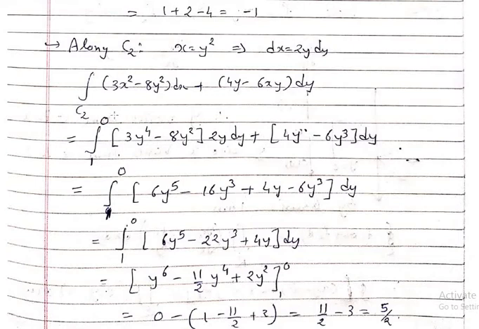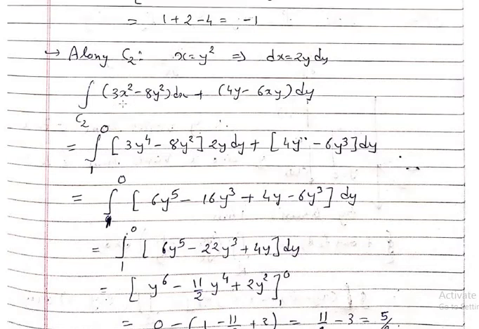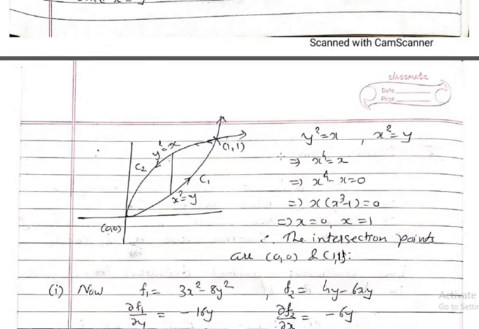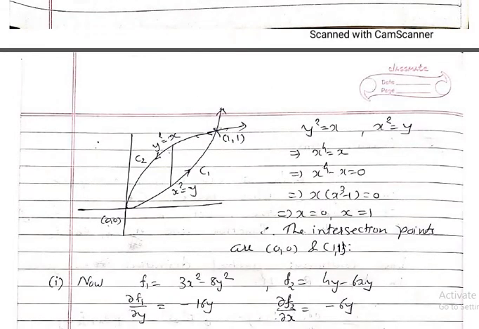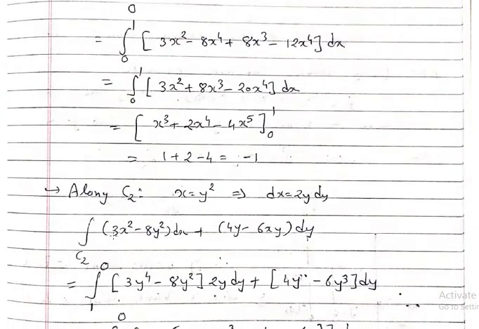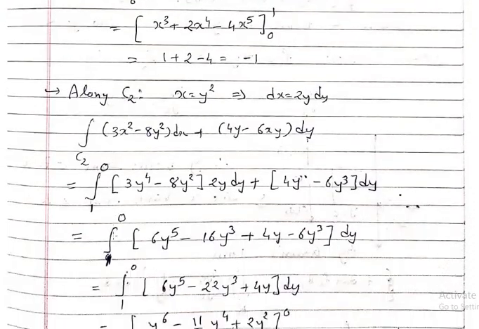Now limit is from 1 to 0. Since you have reduced it in the form of y, so the limit of y, we have taken integration from point 1 to 0. That's why y varies from 1 to 0. Okay. So we are going to write the limits according to direction.